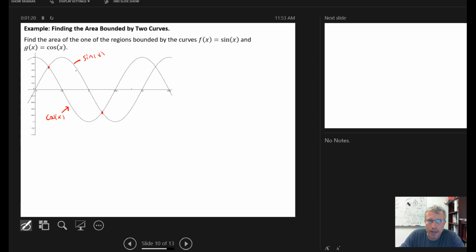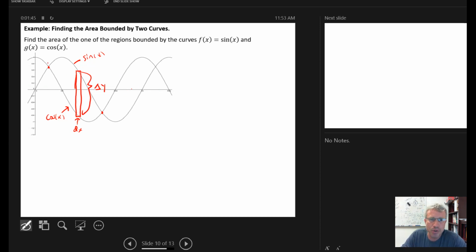And then we want to recognize that if we do a representative rectangle, it's going to be oriented vertically between the two bounding functions. So we're going to have dx's, integrating with respect to the x-axis, and our heights are going to be a delta y. So the distance between the two functions will be a delta y, or a y2 minus y1 kind of thing.